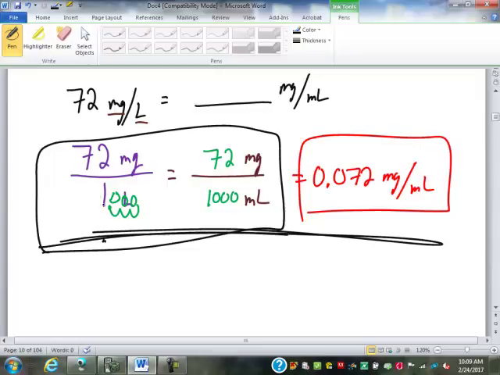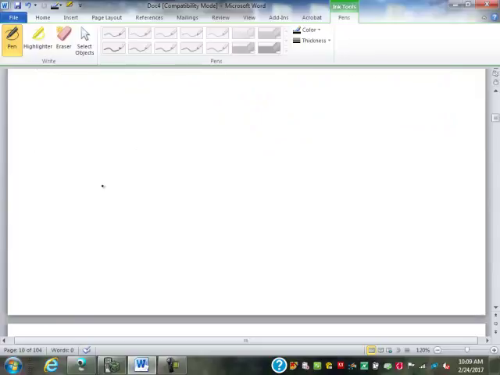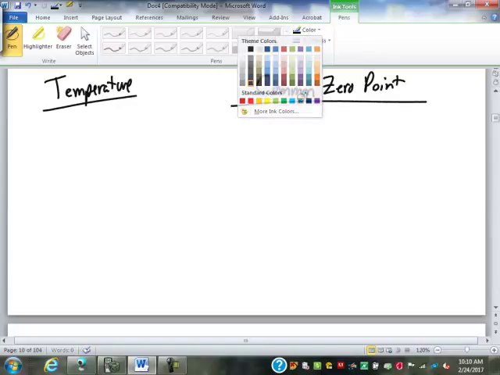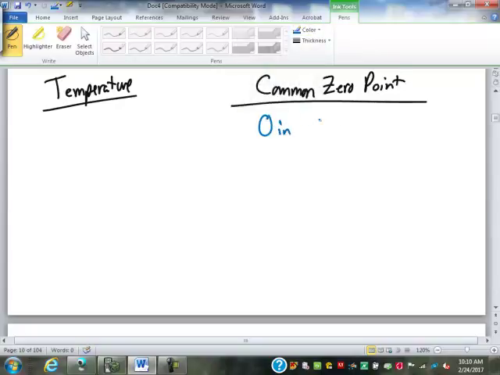Okay, the last thing we want to talk about is temperature. In all of the other conversions we've done, there's a common 0 point. For example, 0 inches is equal to 0 centimeters.